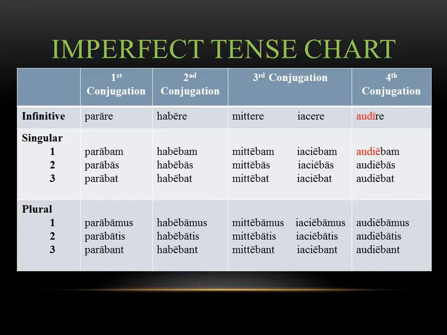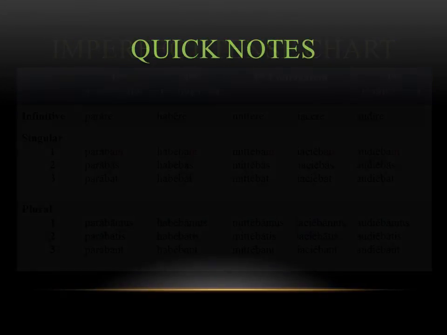So you want to pay attention to that long E that's worked its way into the fourth conjugation imperfect ending. But again, across all four conjugations, that BA is going to be what gives away the imperfect tense. Whenever you see it, you know you're dealing with an imperfect. And again, in that first person singular, take note of the M. It's not an O there, there's always going to be an M.